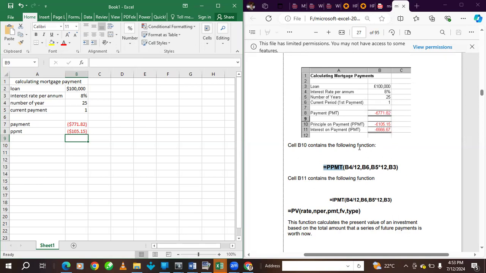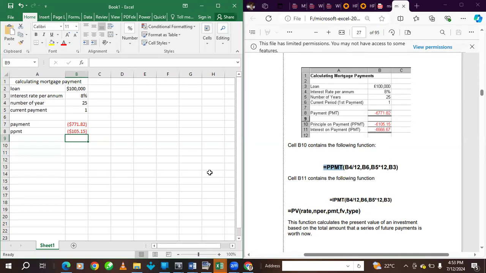Then from there you take the number of years and multiply by 12. Then we have our P3, which is the loan. So when you look at this one, what will make it change? It is the IPMT.